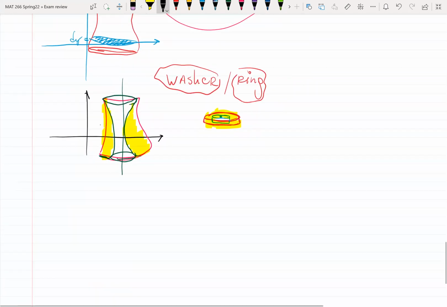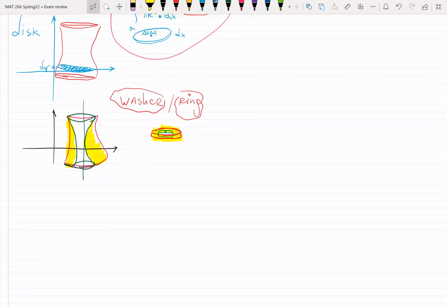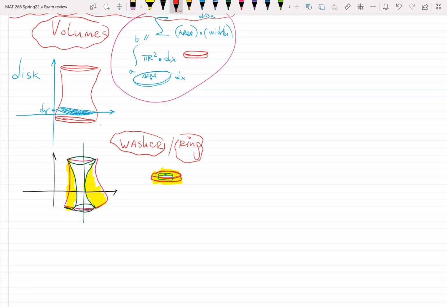So the formula will be different then. For the first scenario, you'll have the integral from a to b or c to d of pi r squared dx or pi r squared dy. While the formula for the washer, let's do this.